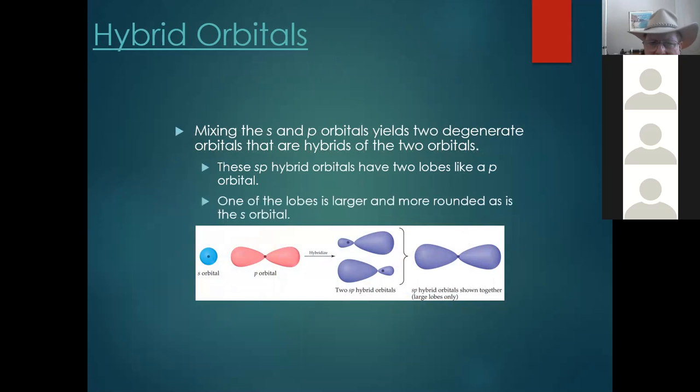Out of one s and one p orbital, I'm going to get 2 hybrid orbitals. It's like if you take a sandwich, slice it in 2, from each half, I get 2 new orbitals.